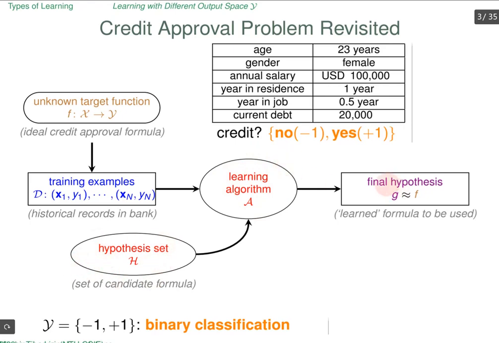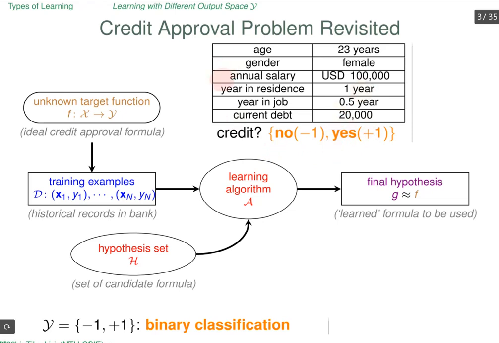And finally it selects the G that makes no mistakes on the given input training examples, which will provide us automatic approval of a credit card application or denial.